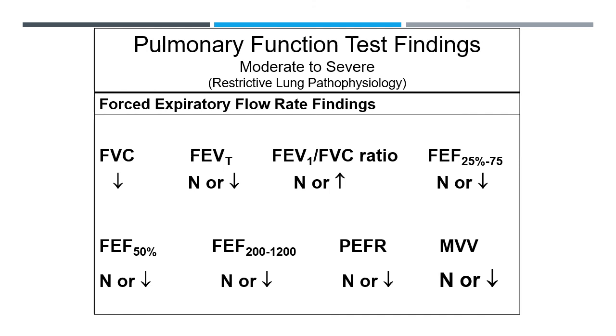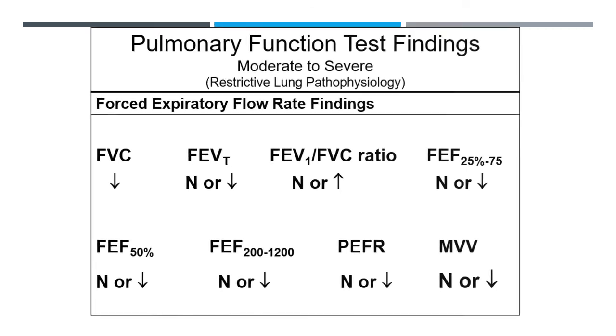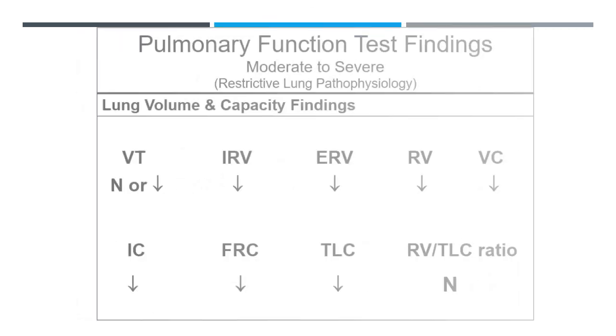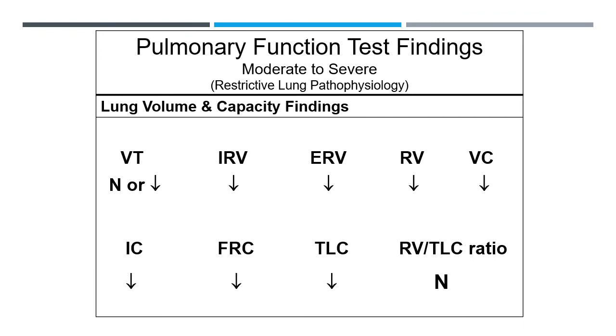Flow rates should be normal or may be diminished. Lung volumes and capacities, again, mimic a restrictive lung pattern. Tidal volume will be normal, and volumes and capacities will be normal or diminished, depending on the severity.